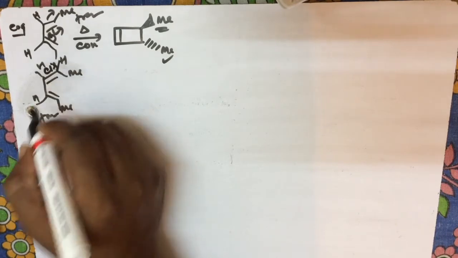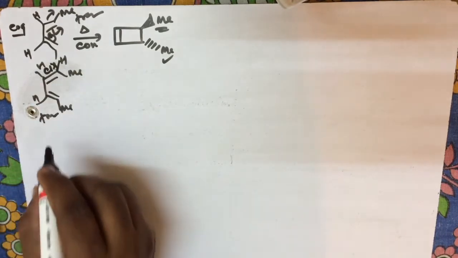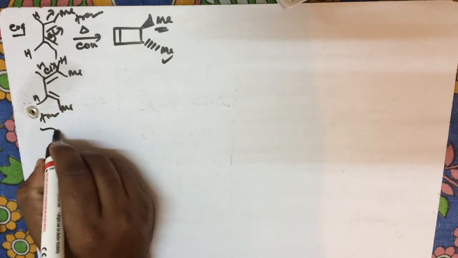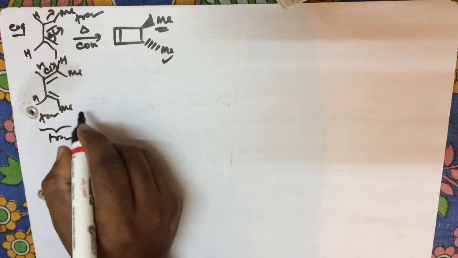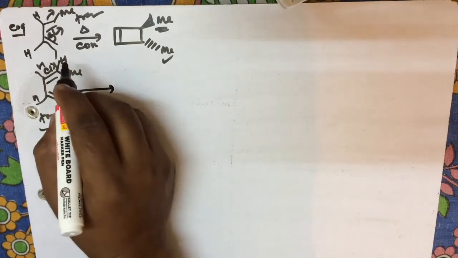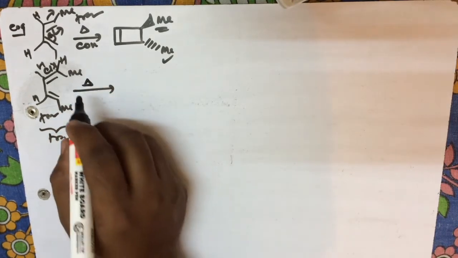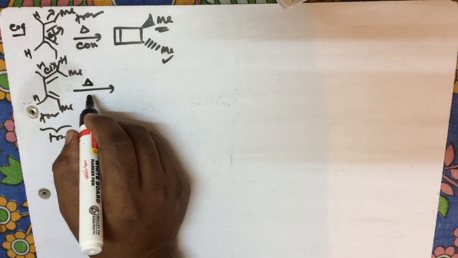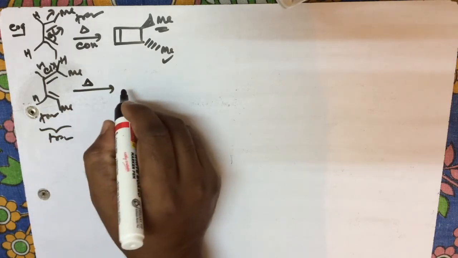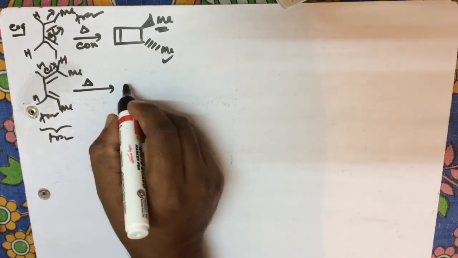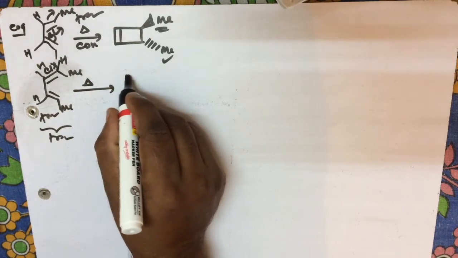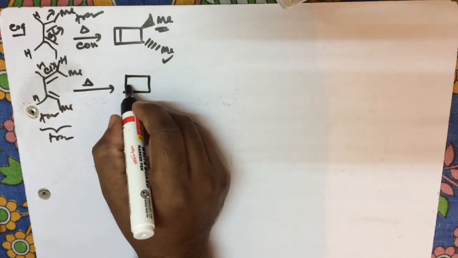This cis trans, what I told you, cis trans all over trans. So this is a 4-pi system. So a 4-pi system under heat condition, con, so con all over trans becomes cis, okay. So stereochemistry will be cis, okay.